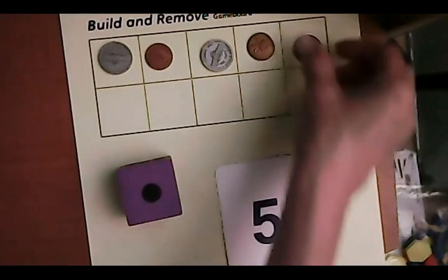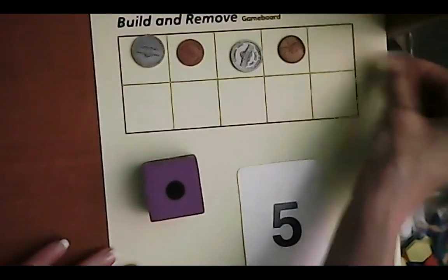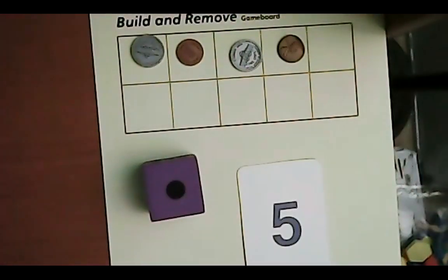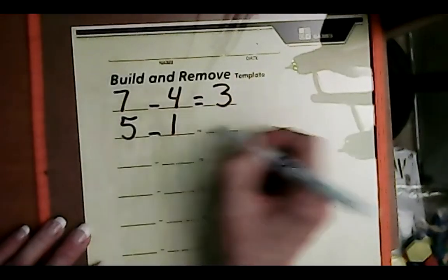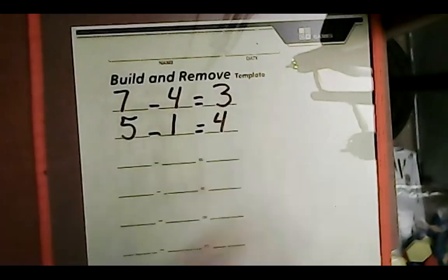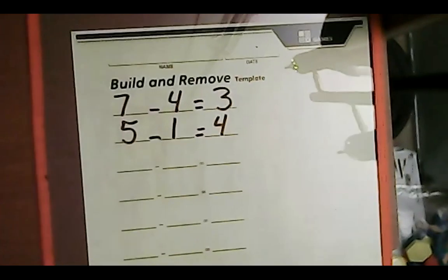So 5 take away 1, or minus 1, equals 4. So then you write that equation. 5 take away 1 equals 4. And you fill your card with build and remove all the way down.